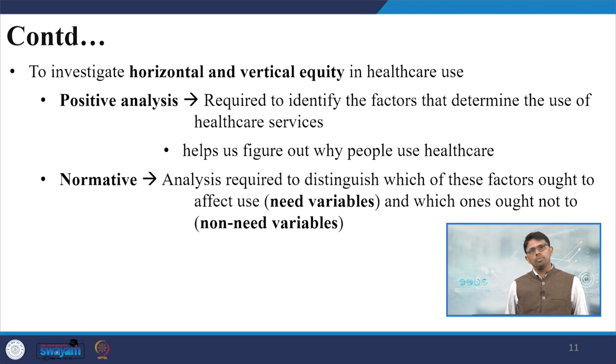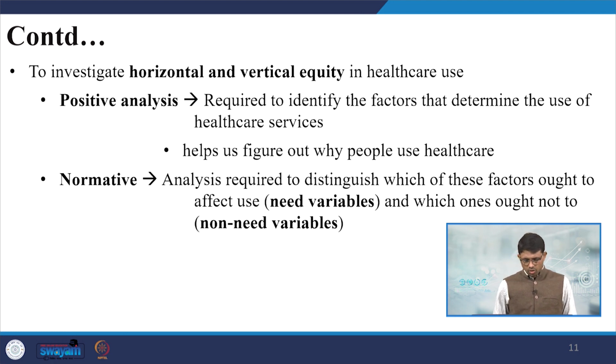Whereas the normative one is really defining the core value of the distribution, where we find out whether something ought to affect or ought not to affect. When we do an analysis, we need to distinguish the factors which really are affected by need or by non-need variables.